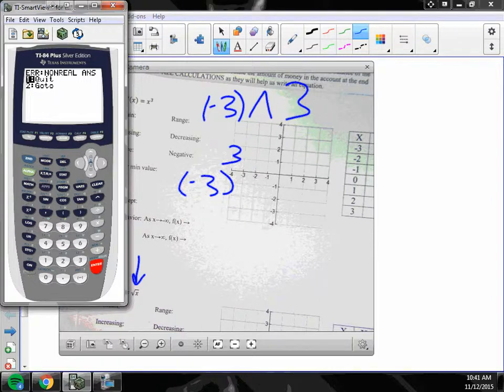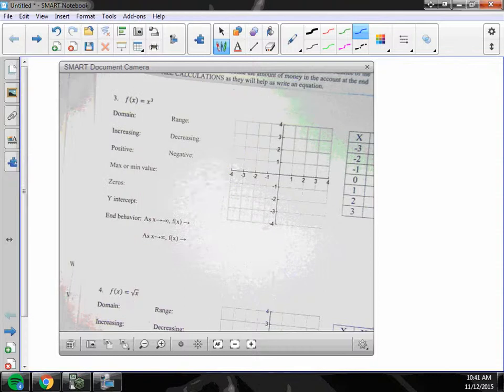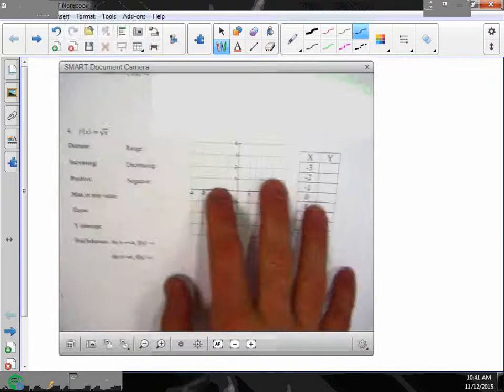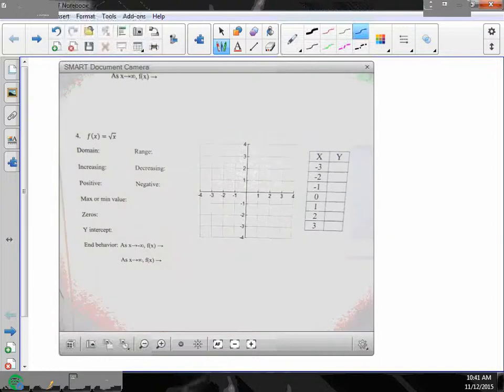Can you square root a negative number? No. So if we look down here, when I plug negative 3 in, what do I get out? There is no answer, so that doesn't exist.